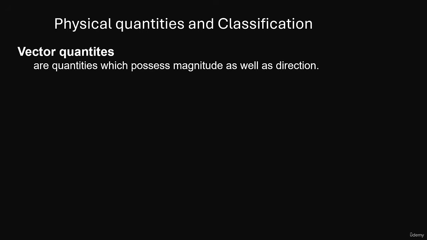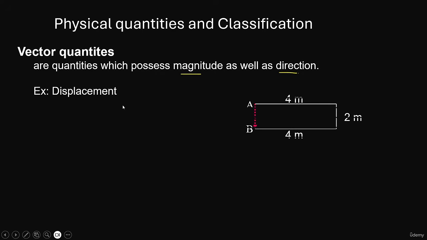Next we have the vector quantity. A vector quantity has both magnitude and direction. Herein we will be using mathematics as well. The application of maths is brought into it. An example would be displacement.